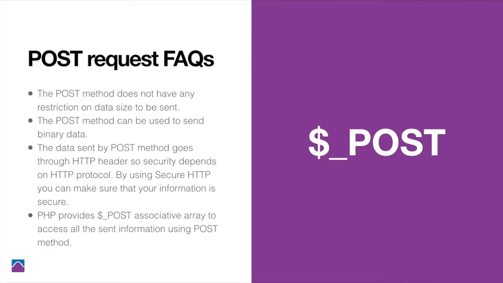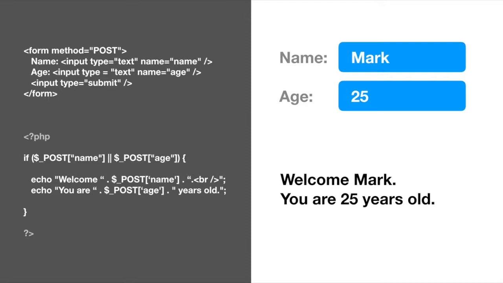PHP provides a $_POST associative array to get the information that's posted. So this is a quick example. I have a form, so I open up the HTML form tag and set the method to post, method equals post.